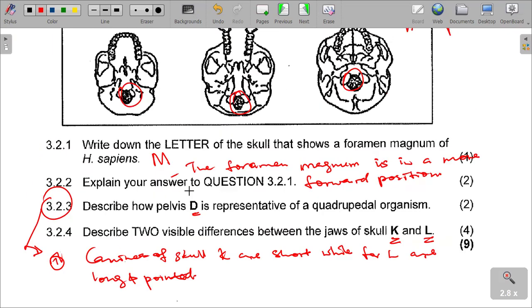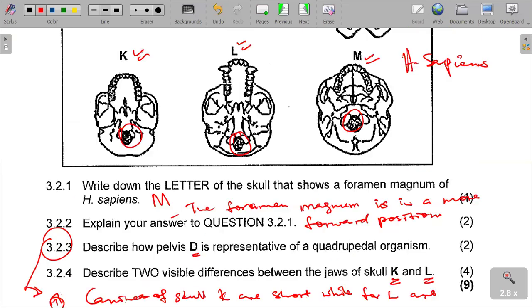As you can see, these are the canines that we are talking about. The canines of K are quite short.